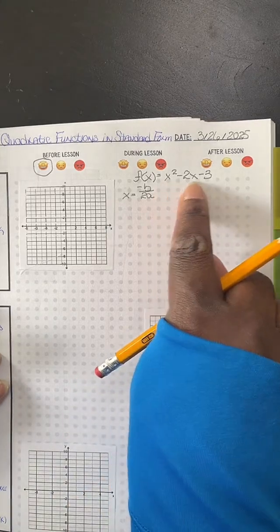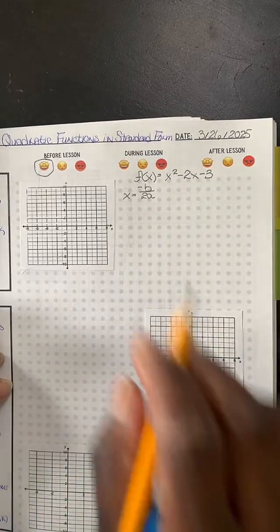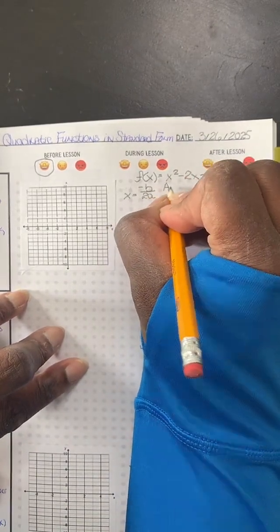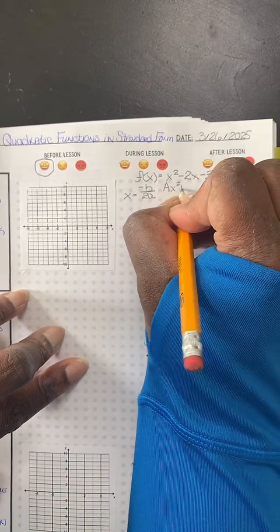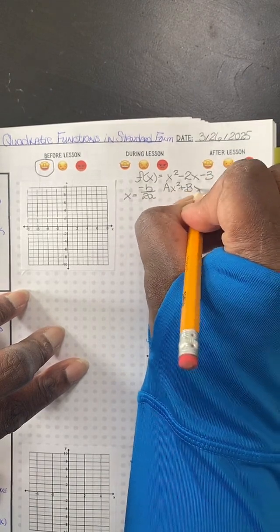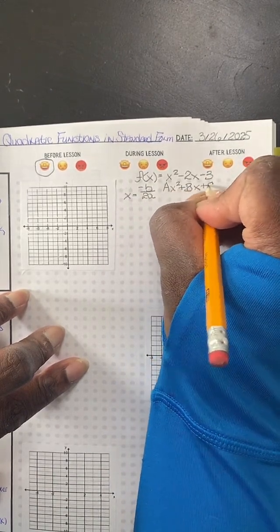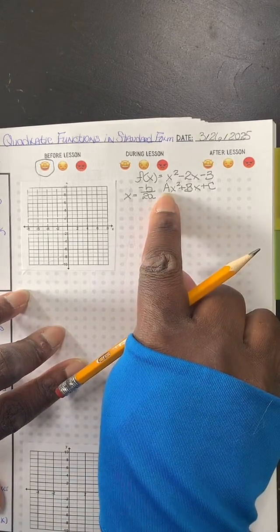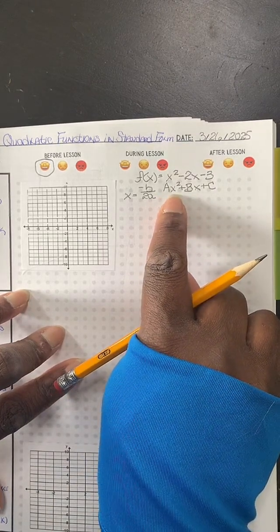Well, if this is in standard form, my standard form is always this: ax squared plus bx plus c. The a is always the coefficient, or the number in front of the x squared.